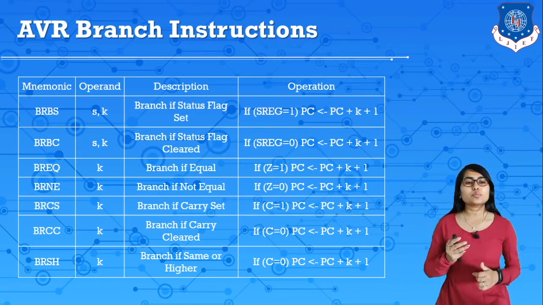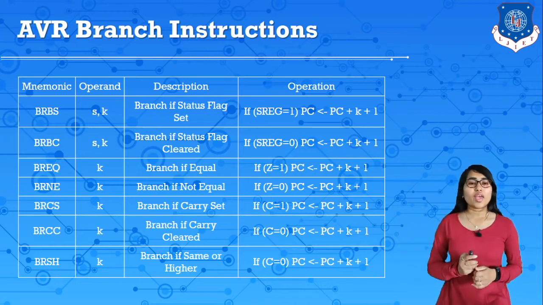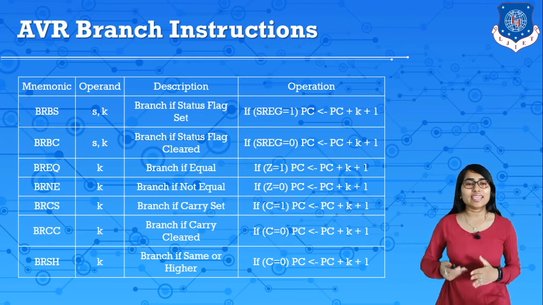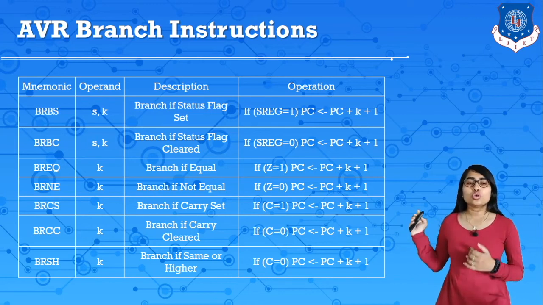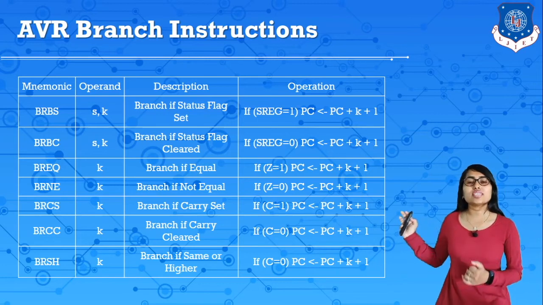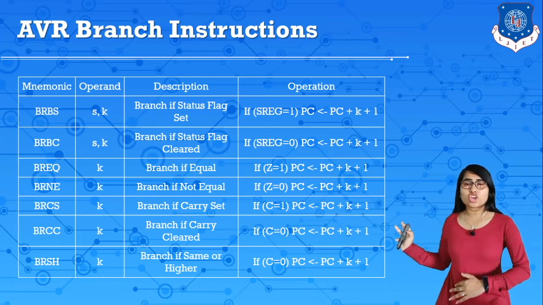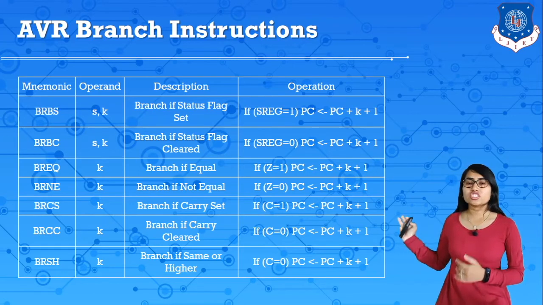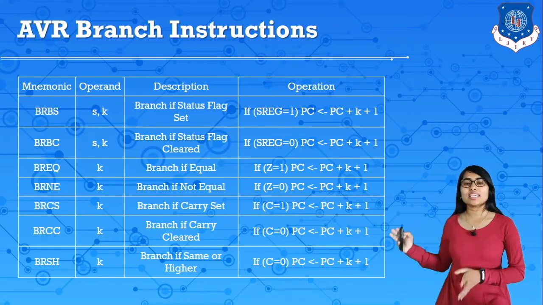Now next is BRSH K, that means branch if same or higher. If number A is greater than B, then at that location C equals 0. So for same or higher, C equals 0. If C equals 0, then it will jump to this location by changing the value of the program counter to program counter plus K plus 1.